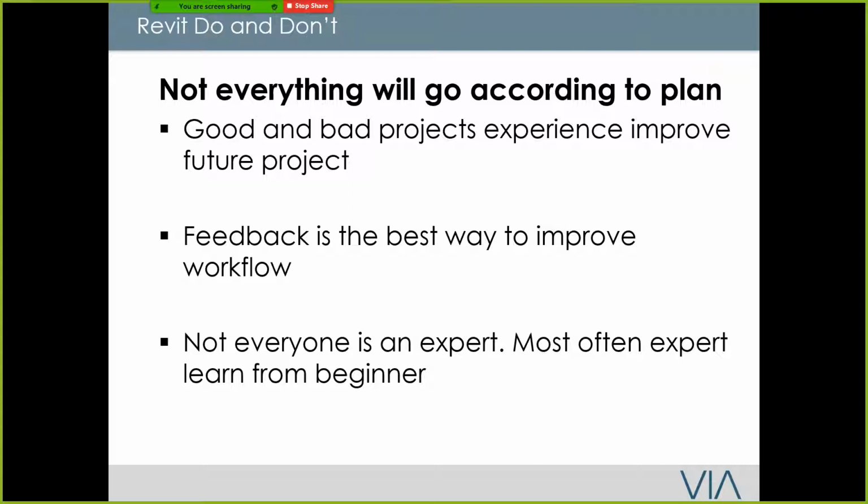If things don't work, I usually just list it and ask, what can be improved? Sometimes it's just software issues, and Autodesk loves it if we give them feedback. So I'm usually in contact with Autodesk to tell them this is the problem we're having. Can you fix it? Sometimes they say they'll think about it, and sometimes they say, yeah, it's fixed in the next release.